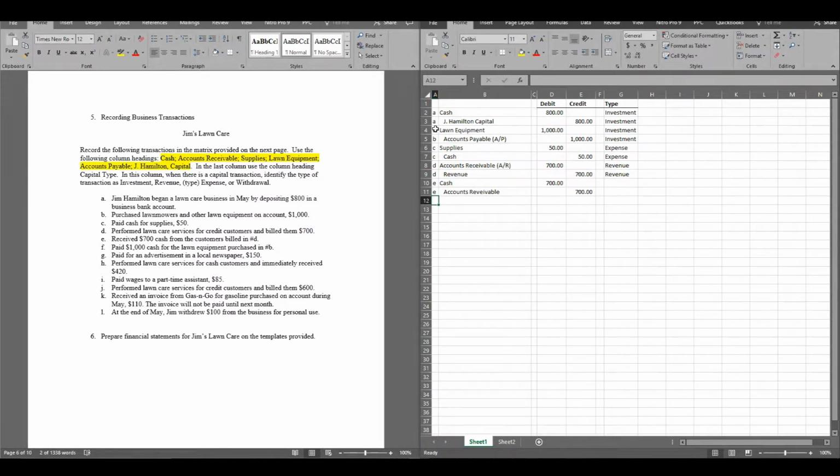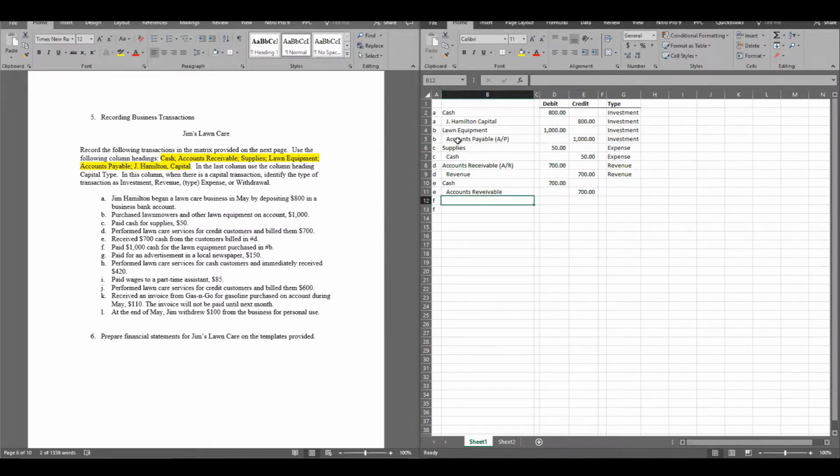Okay. So in F, it says we paid $1,000 cash for lawn equipment purchased in B. So this is going to be entry F. We see entry B here, and we have $1,000 accounts payable. We are paying $1,000 cash in this entry, so we're going to get rid of this accounts payable.